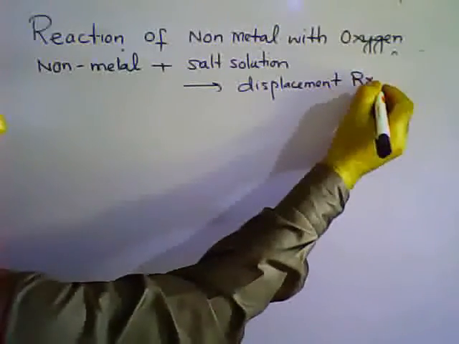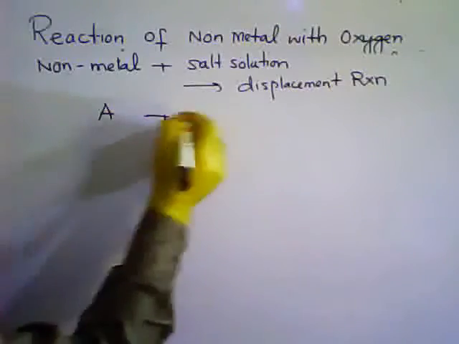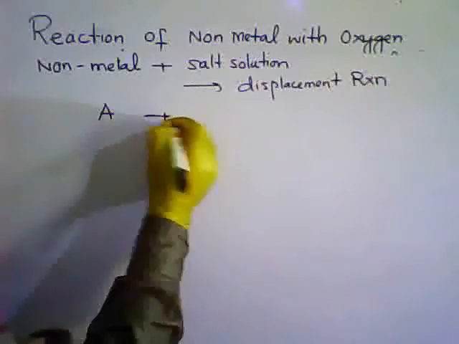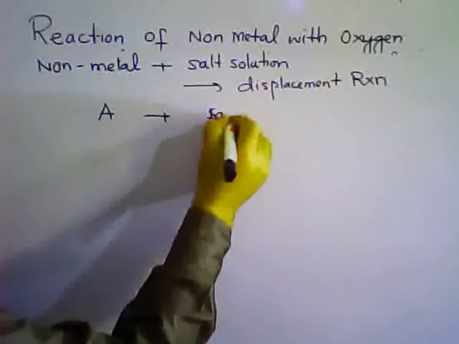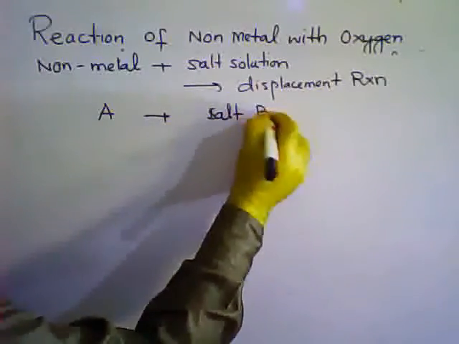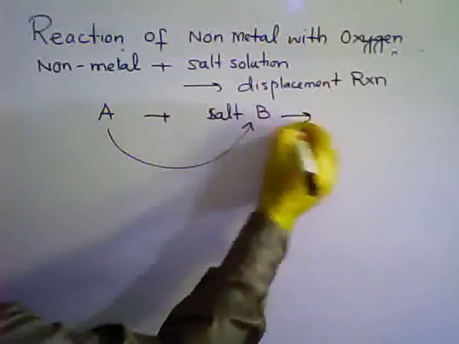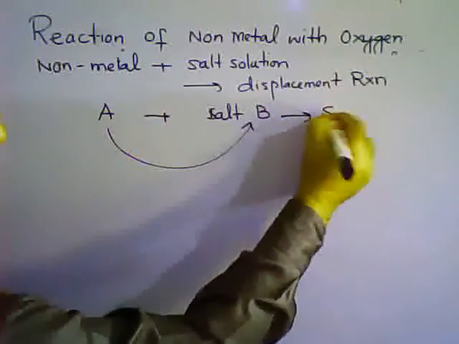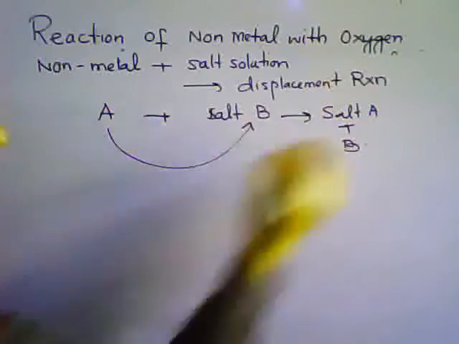Now say we have non-metal A reacting with the salt solution of non-metal B. Okay, there will be a displacement reaction. A will displace B, so we are getting the salt of A plus B. Okay dear, this will be the reaction.